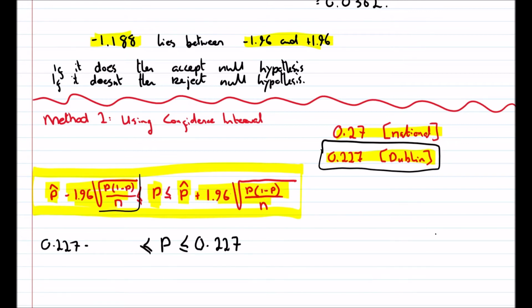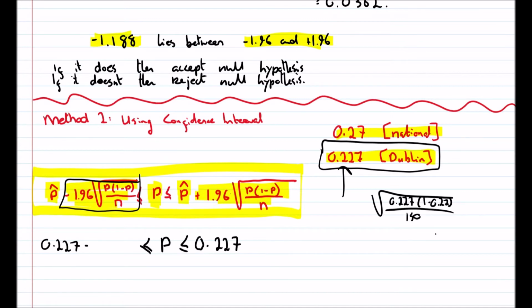Then minus. Now we look at our standard error of proportion and find out what it is. The p will be what we found, 0.227, and then 1 minus 0.227, all over the survey size.